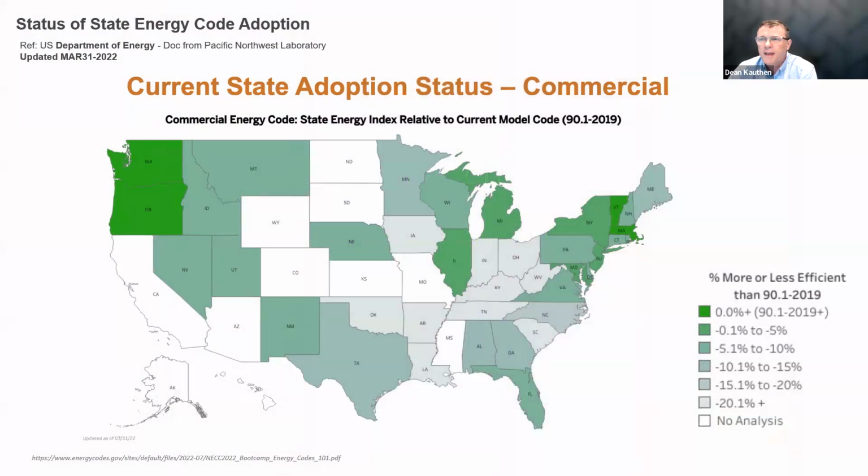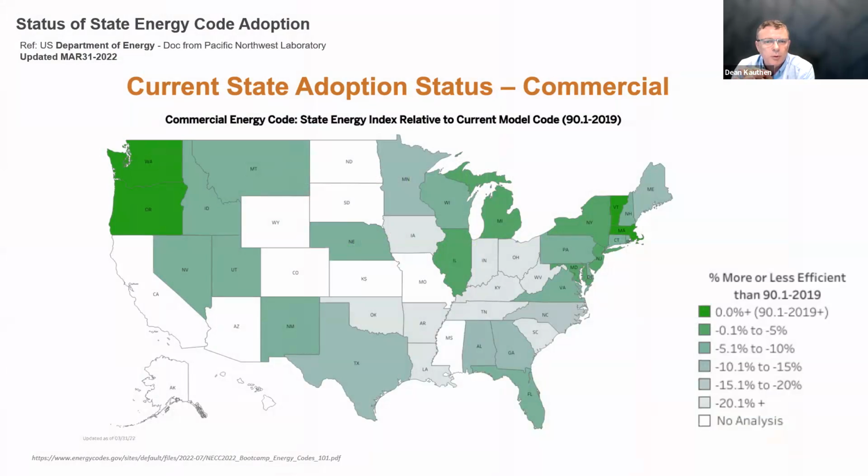So we know that the energy code changes, and different municipalities and states adopt these codes at a different pace, at their own time frame. So what we're looking at here is the comparison of code adoption by state to the ASHRAE 90.1 2019 version.